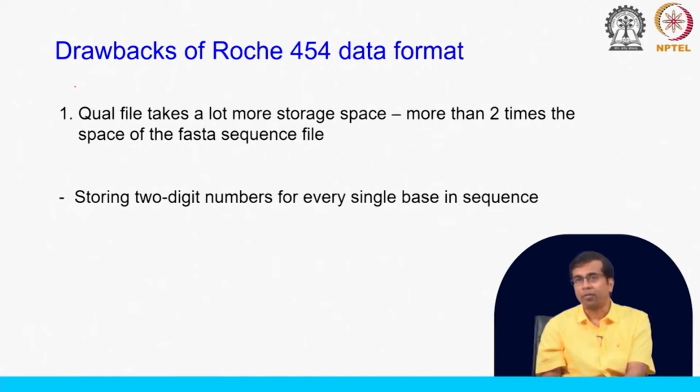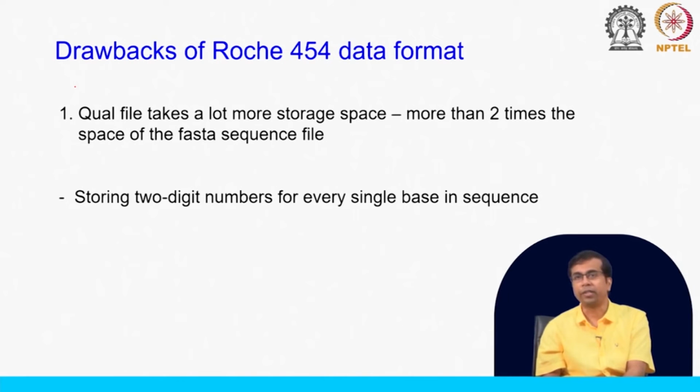Here in the quality score file you have numbers, two digit numbers, like 12. Usually the quality score is between 0 to 40, and maybe it is 12, 15 most of the time. If it is less than 10, it is very low quality, probably not good. Most of the time it should be above 20, or 15, 20 at least.